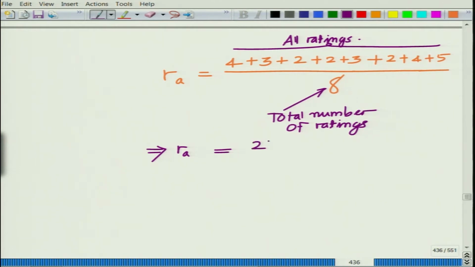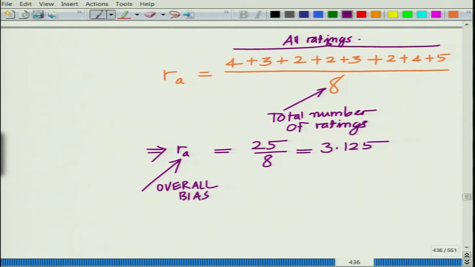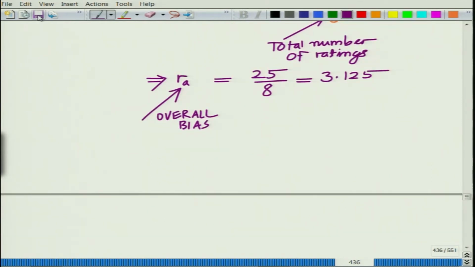This comes out to be 25 divided by 8, which is equal to 3.125. So, this is the overall bias. Remember, that is basically the sample mean of all the available ratings.